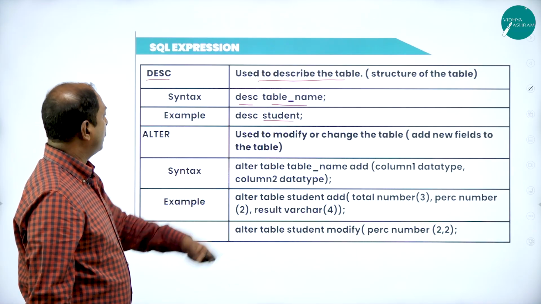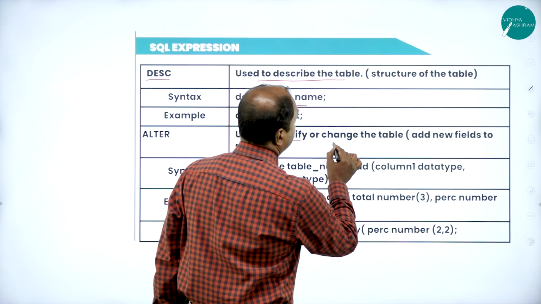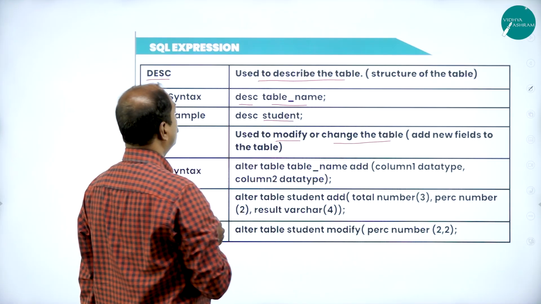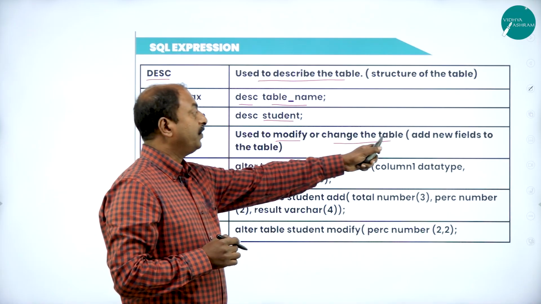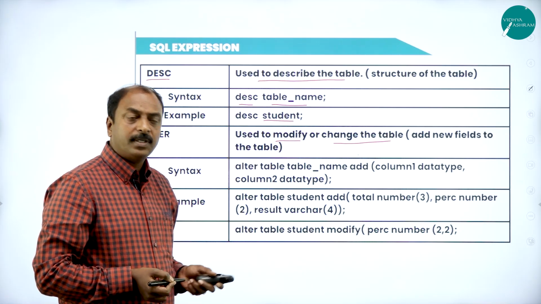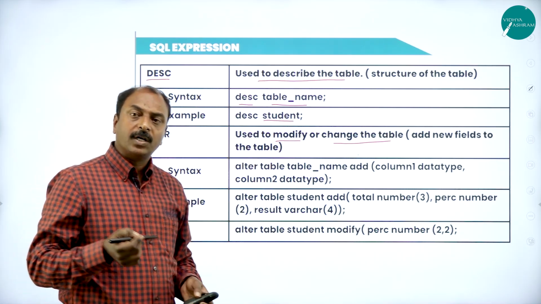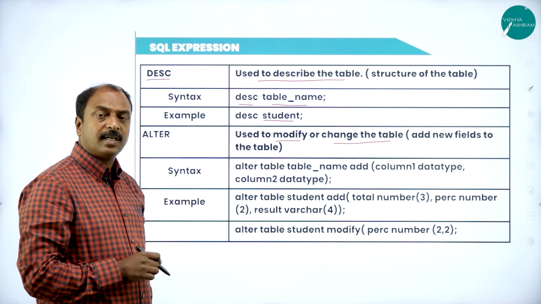Next one is the alter command. It is used to modify or change the table. Modifying or changing the table is nothing but adding a new column to the table, or we can delete a column from the table. So this is nothing but the alter command.